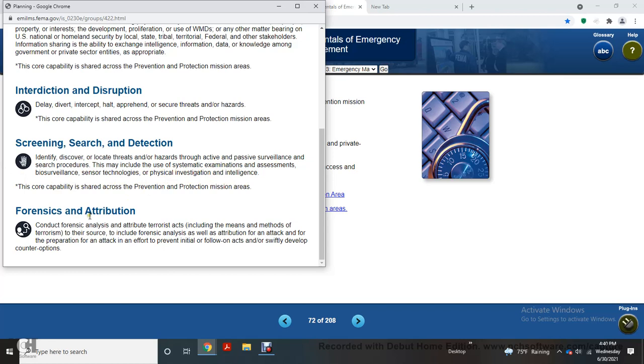Forensics and attribution. Conduct forensic analysis and attribute terrorist attacks, including the means and methods of terrorism to the source, including forensic analysis as well as attribution for an attack or for preparation of an attack, in an effort to prevent initial or follow-on attacks and swiftly develop counter options.